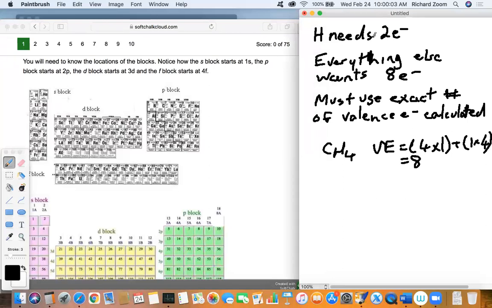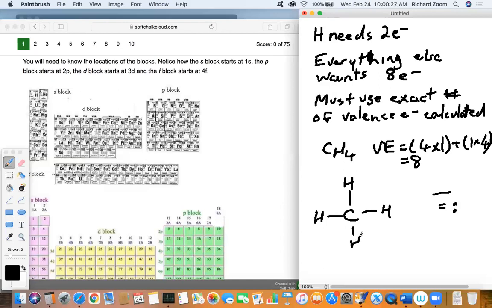Hydrogen needs 2 electrons, but everything else wants 8, and that's what we're going with here. When we're expressing electrons, I like to express them as lines, so that line is equal to 2 electrons in between.